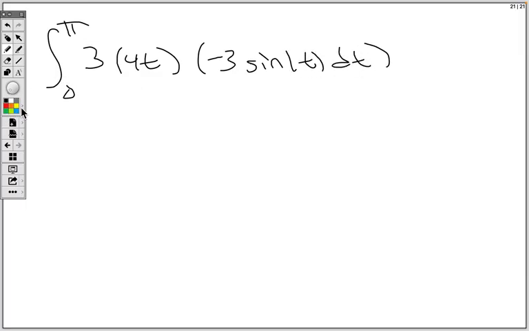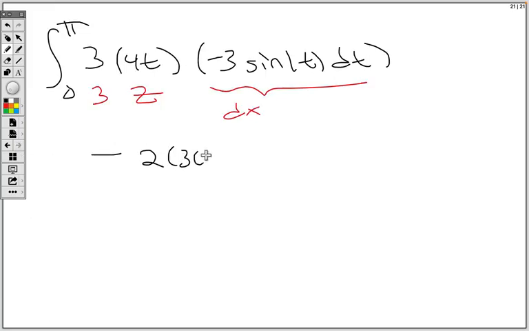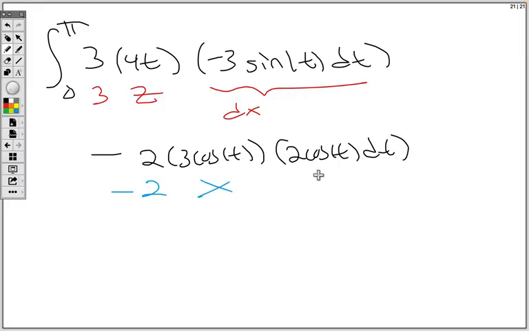So this is my 3z dx, minus 2x dy, plus y dz.